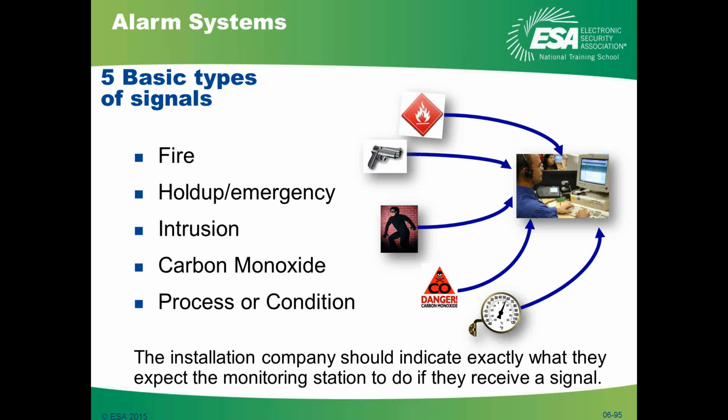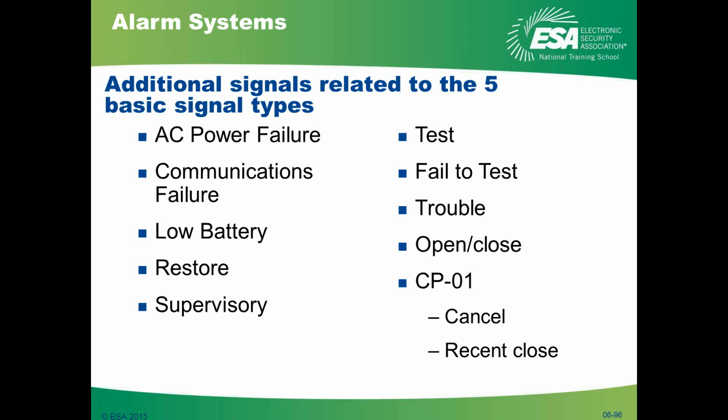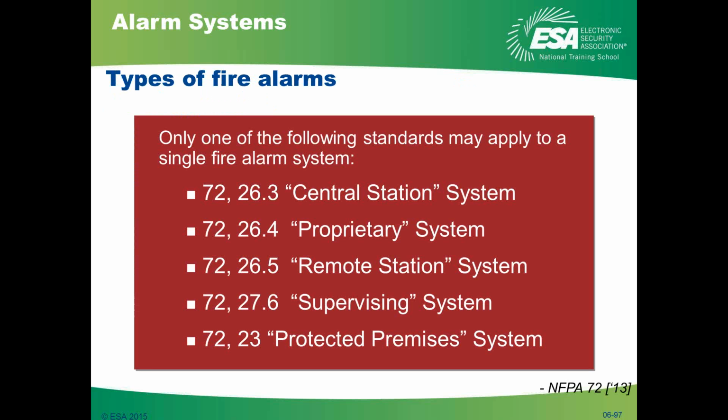So we went ahead and made sure we updated this to show that that is a separate type of signal, separate from a fire signal. And then additional types of signals, types of fire alarm systems. Questions on alarm systems?